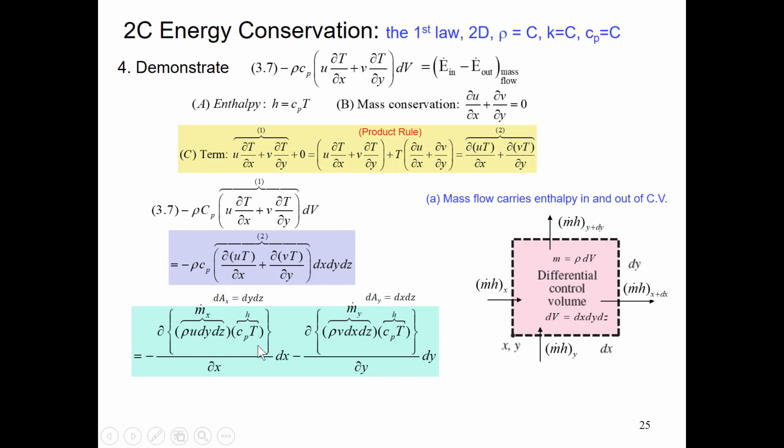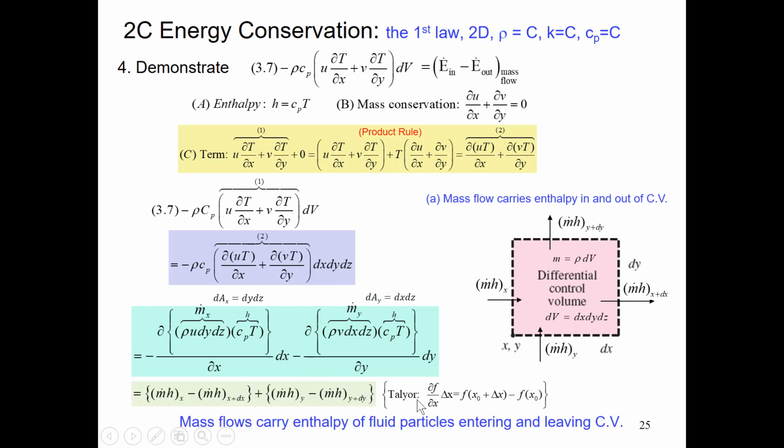Similarly, if we take rho Cp and dx dz into the second derivative, combining these parameters gives mass flow rate in the y direction. Combining these two variables gives enthalpy.